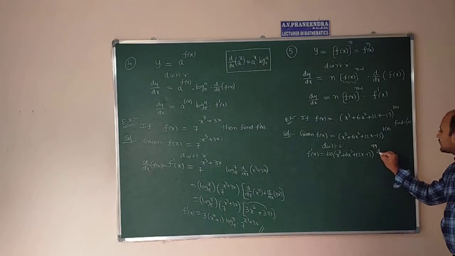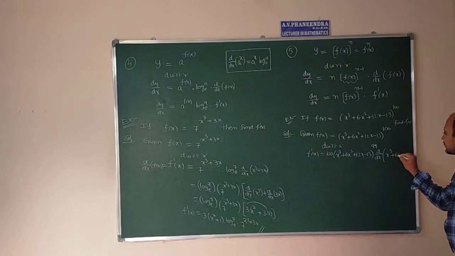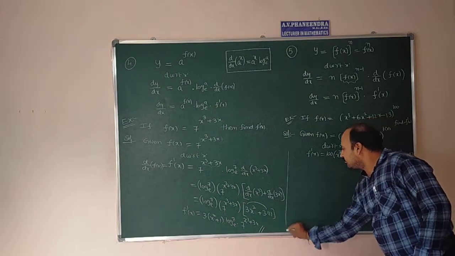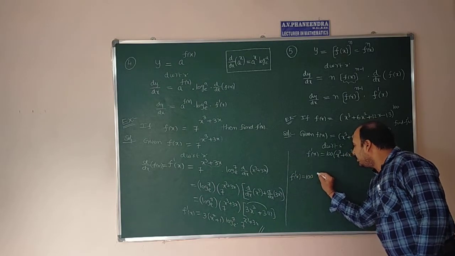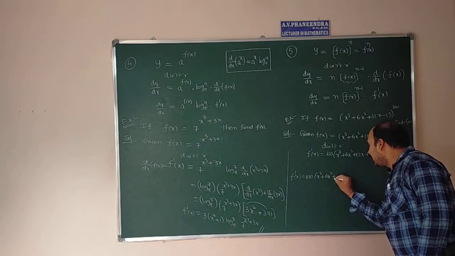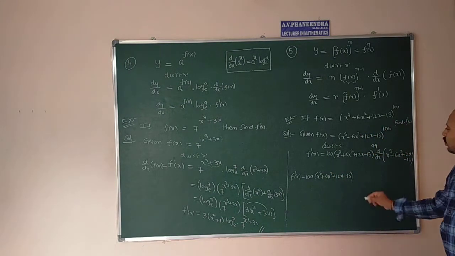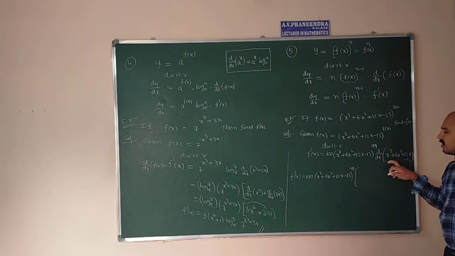And d by dx of x cube plus 6x square plus 12x minus 13. Now each and every term you have to differentiate. F dash of x equal to 100 into x cube plus 6x square plus 12x minus 13 whole power 99 into d by dx of x cube.